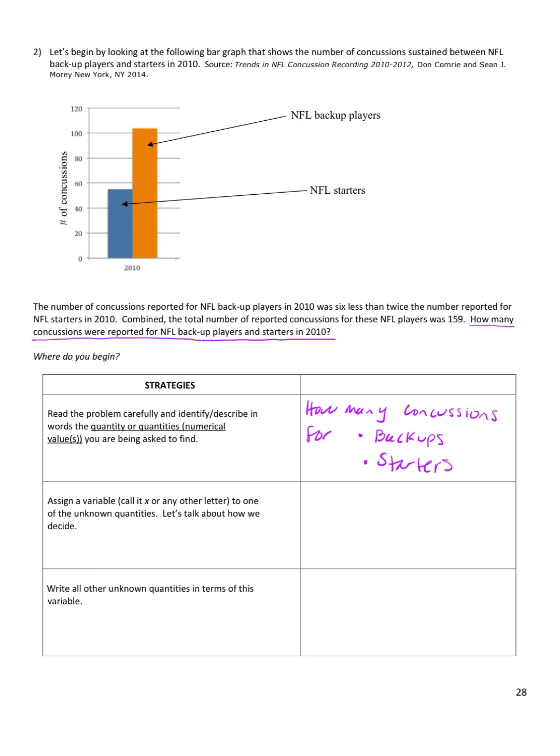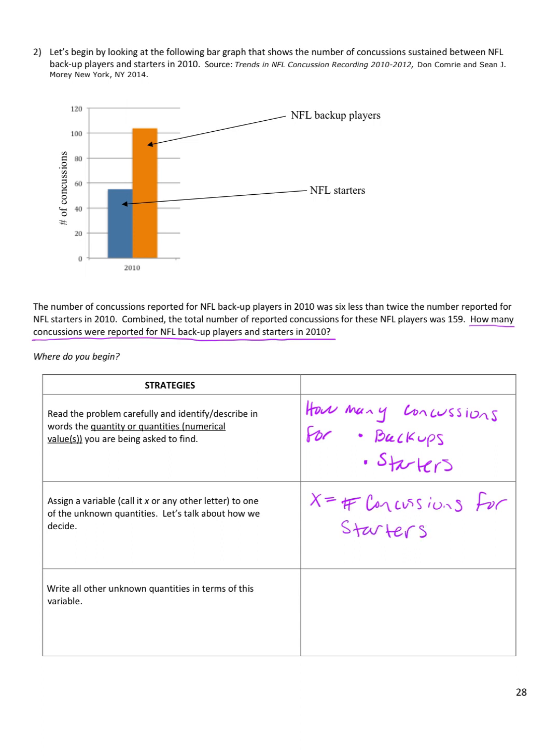So I'm going to use the NFL starters' number of concussions as my variable, because if I know that, I can calculate the concussions for backup players using it. So we're going to let X equal the number of concussions for starters.